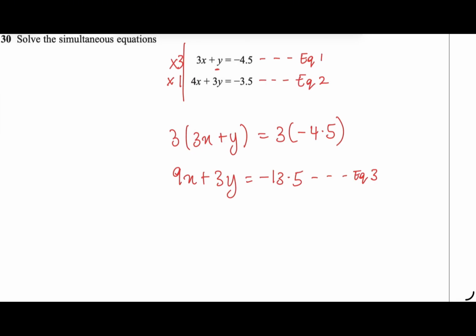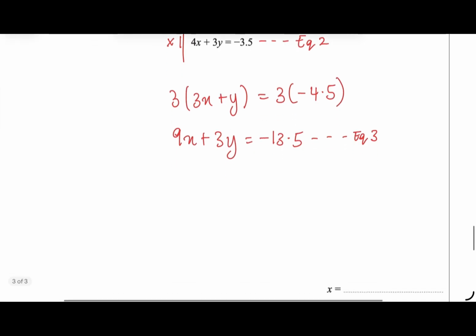Always make sure, because a lot of students forget to do this, that you multiply the right side of the equation after the equal sign, because what you do to one side, you must do to the other. Because we're multiplying that by 1, the whole equation stays the same.